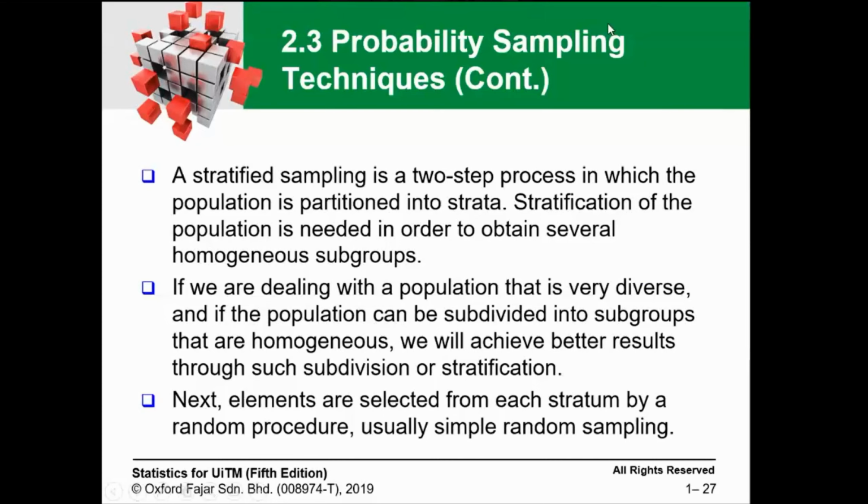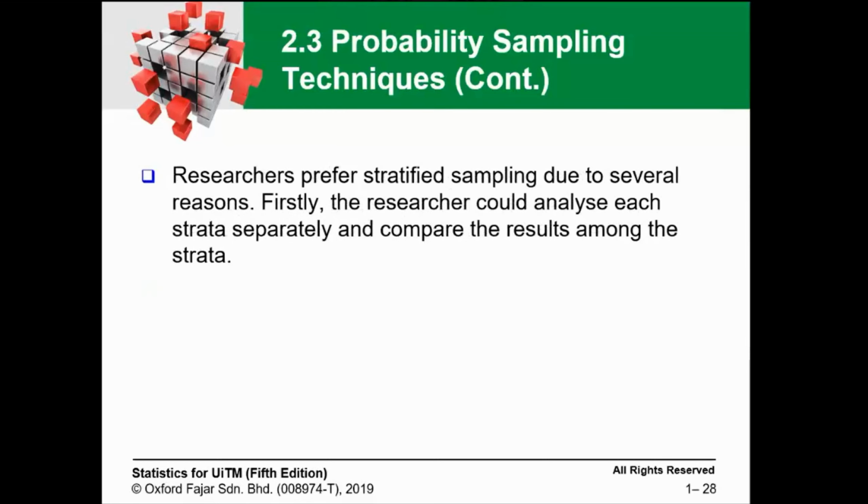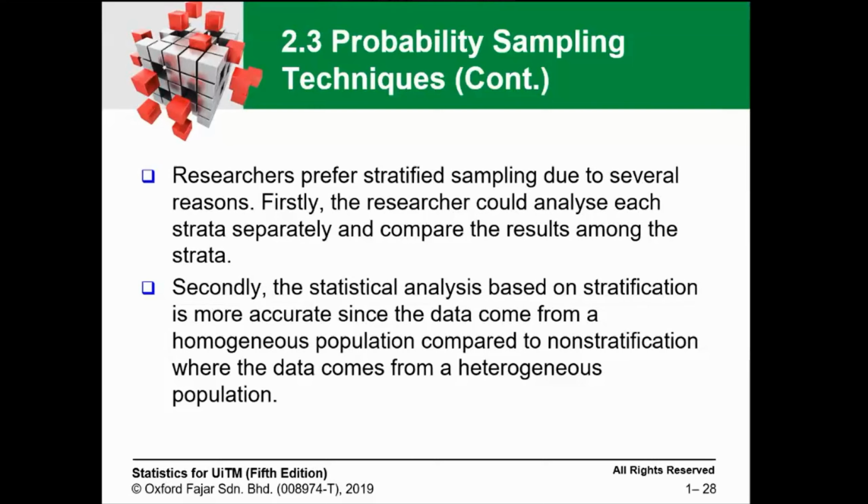We need to divide the population size, capital N, by the intended sample size. Like I have my population is 100 and my intended sample size is 10. Then we choose one number randomly. So let me give you an example, because maybe it will be difficult to understand from the equation.